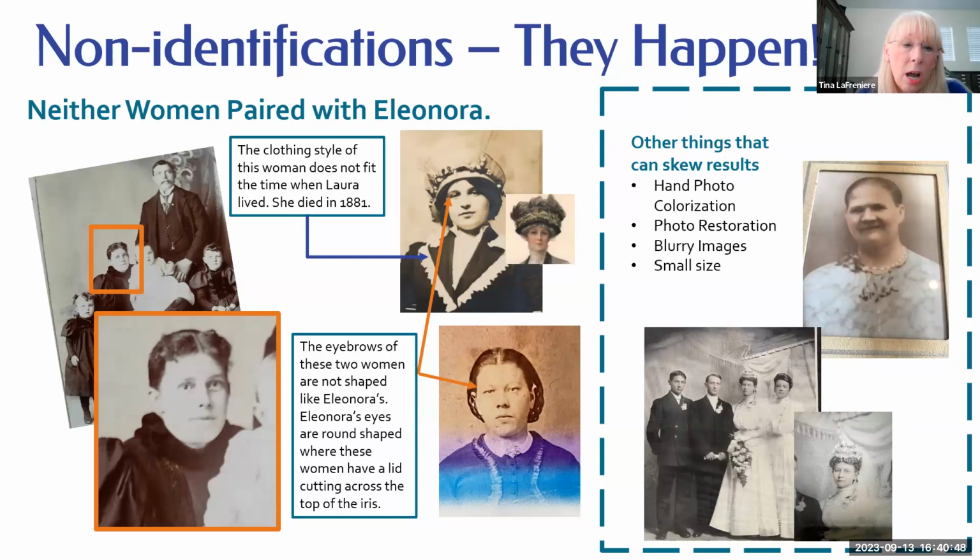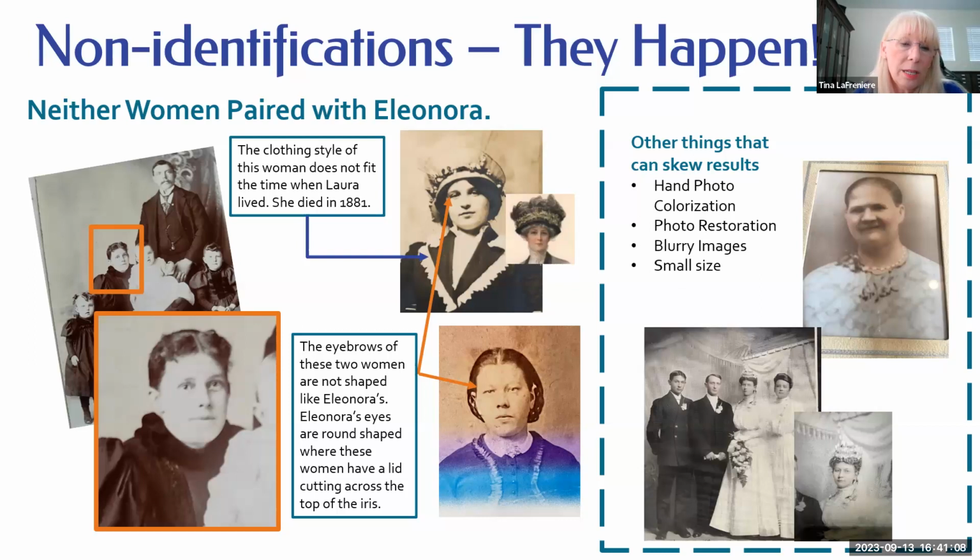Photos that were hand colorized can be challenging because no matter how good the artist is, it's unlikely they were able to perfectly trace the features of your person. Also, some artists took license to correct facial features such as a drooping eyelid or scars.